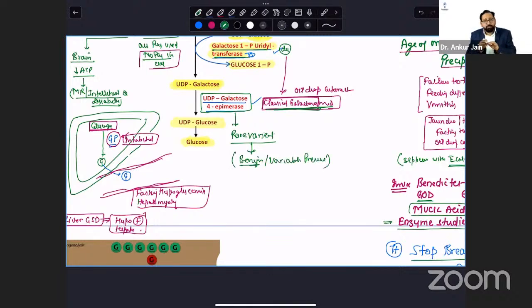Some literature says classical and non-classical galactosemia; the remaining two are part of non-classical. So no need to get confused by these classifications. You must know the concept.